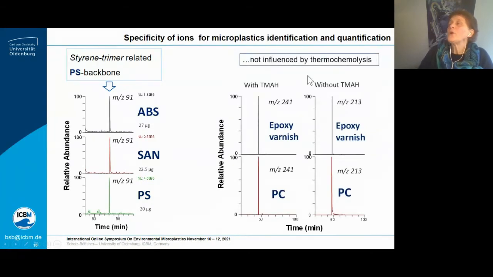And looking at varnishes, here for example an epoxy varnish and polycarbonate, which both are based on biphenyl as one indicative molecule in the polymer net, even with or without derivatization, we get a signature for both polymers.